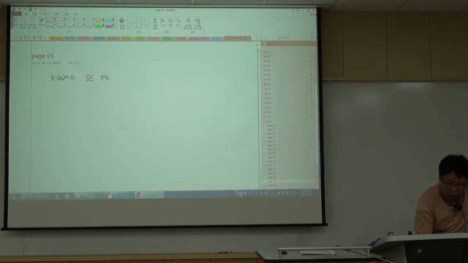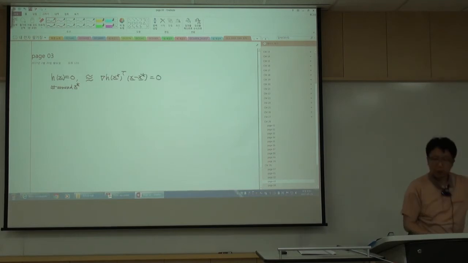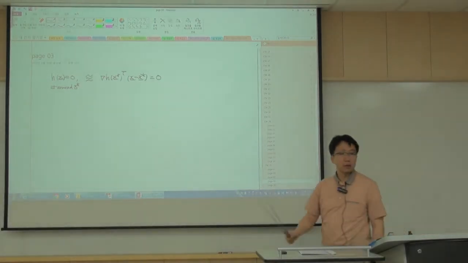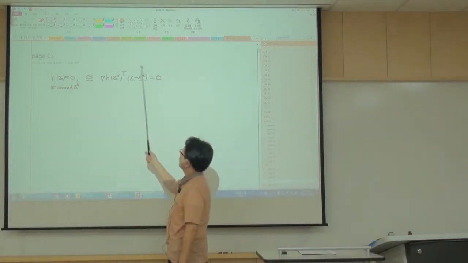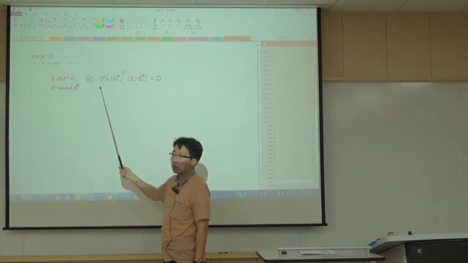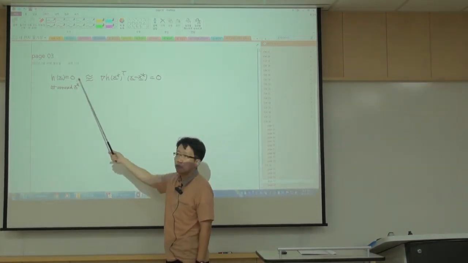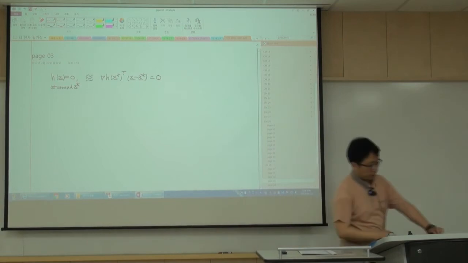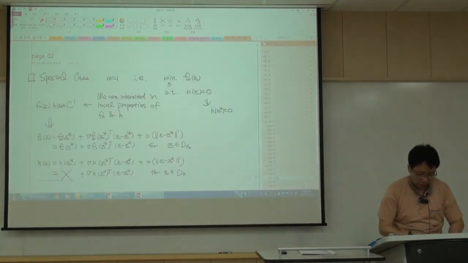Gradient of h at x star, around x star, is this one. Am I right? Because this is the approximation of h near x star. Yeah. See that?